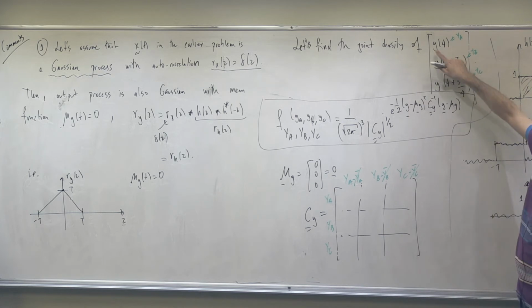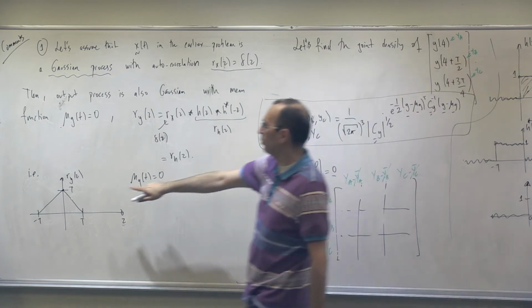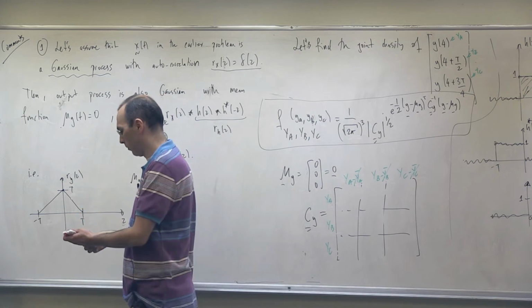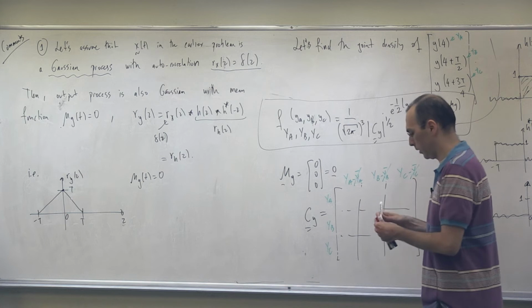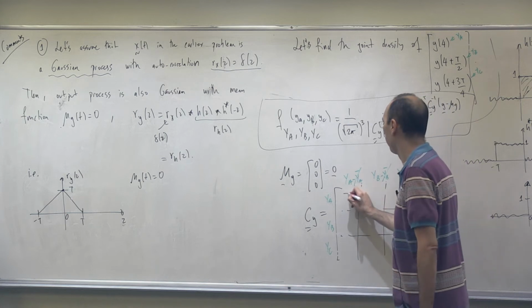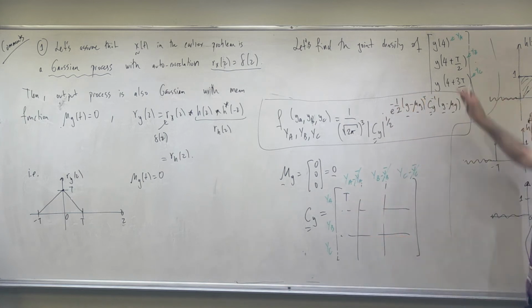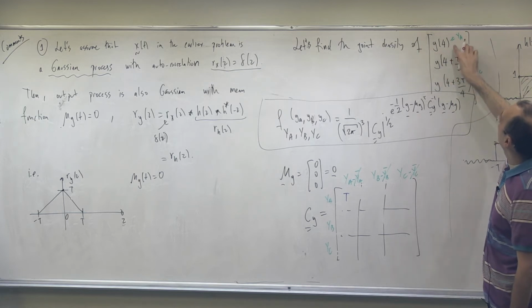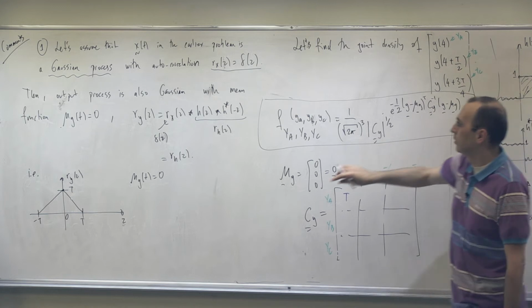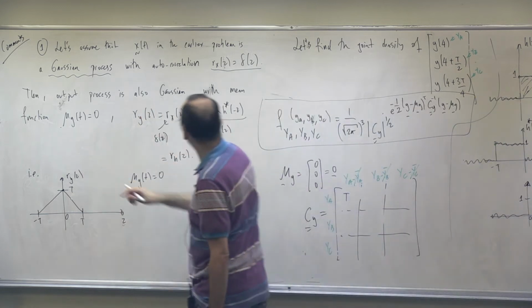This is autocorrelation evaluated at zero length, output autocorrelation. Because this is expected value of Y times Y, Ry(0). Time difference is equal to 0.